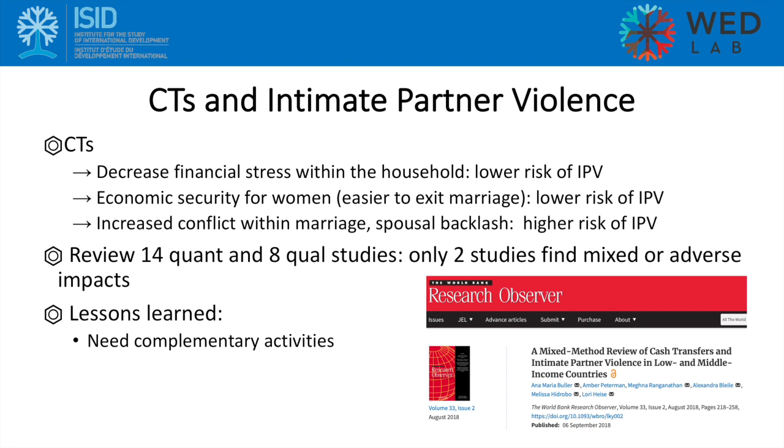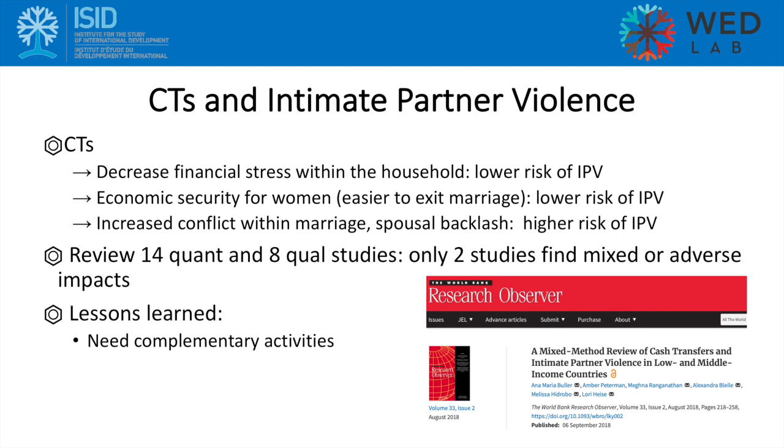They review 14 quantitative studies and 8 qualitative studies, and of those, they only find 2 studies that find either mixed or adverse impacts. What that means is that the bulk of the high quality studies in this area find either a reduction in intimate partner violence or no effect at all. Really interesting paper, especially if you're interested in this.